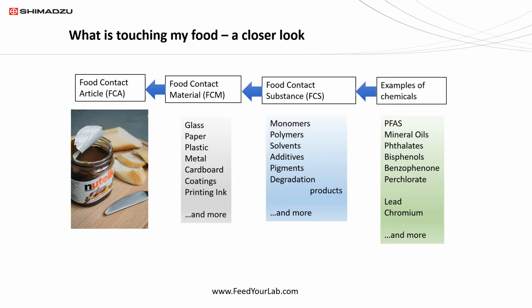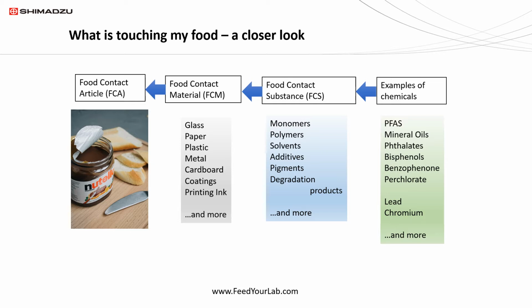So this food contact article is made up of 3 different food contact materials: glass, metal, and plastic. The food contact materials in turn are made up of food contact substances, such as monomers, polymers, solvents, additives, and so forth.